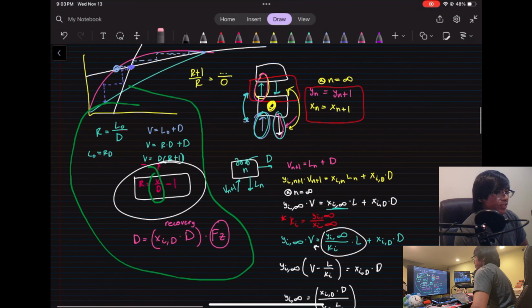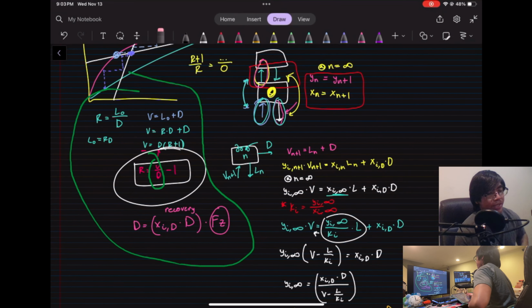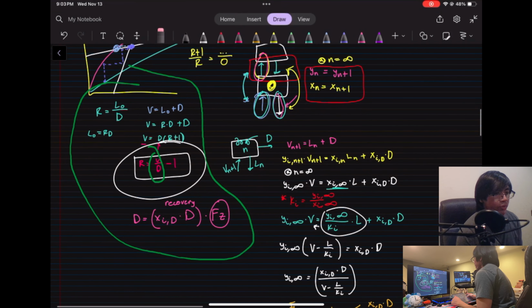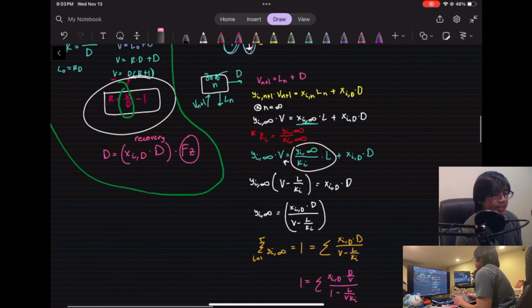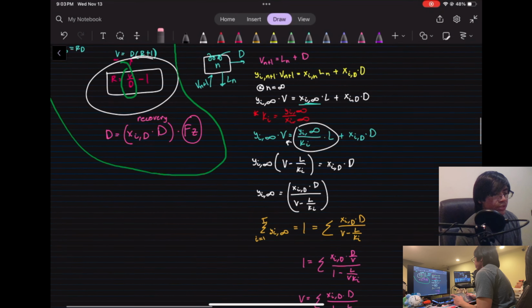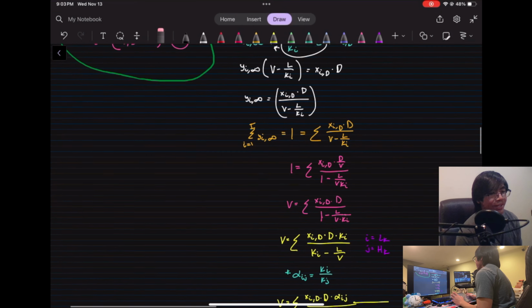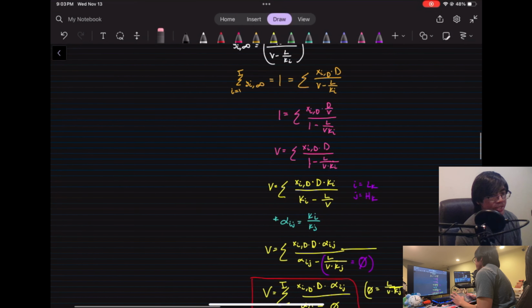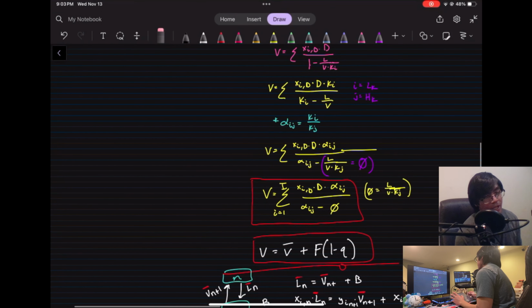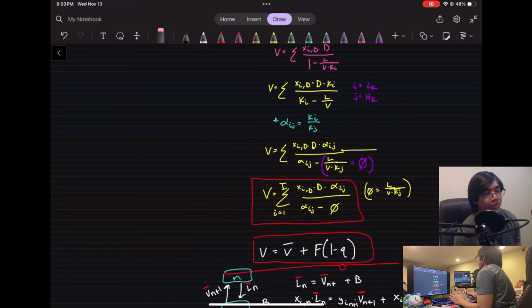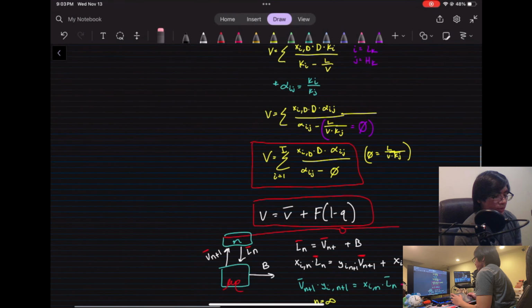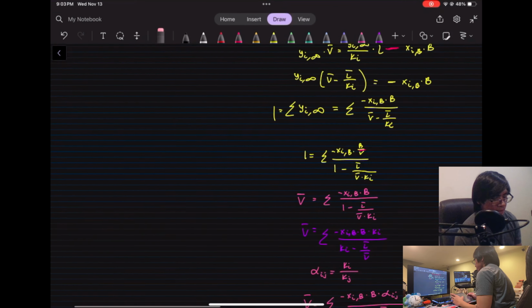We used that given factor to evaluate our component mass balance relative to the light key at infinite stages, using, again, our partition coefficients, a lot of algebraic manipulation, and then finally dividing by kj, which is our partition coefficient of our heavy key, to relate a vapor flow rate for both our rectifying and stripping sections.